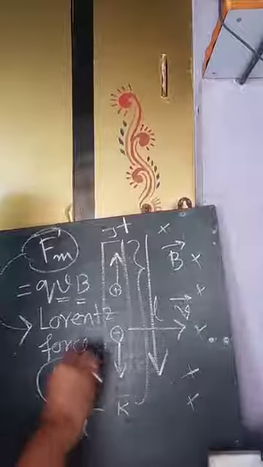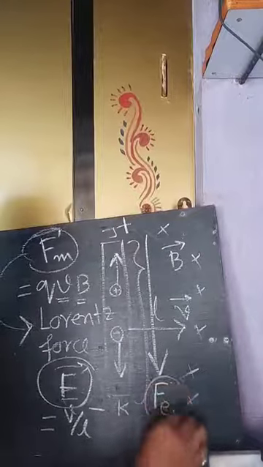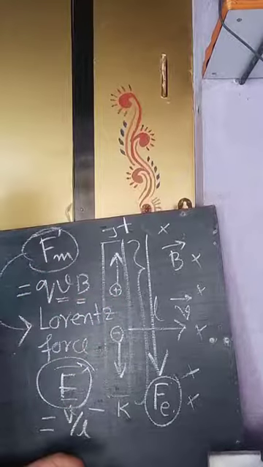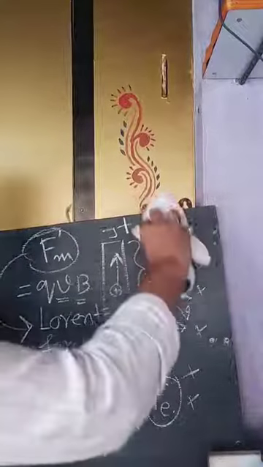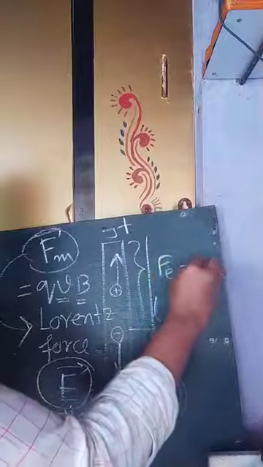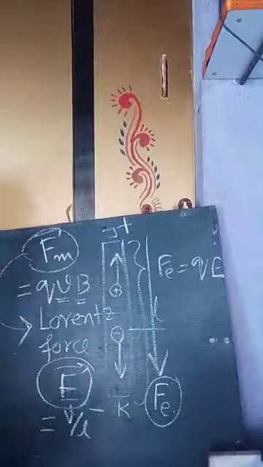So for this E, another electric force Fe will be imposed on the charge Q within the rod, and whose magnitude will be Q into E, right?